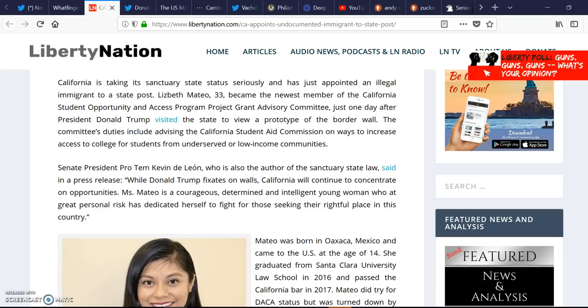So California declared sanctuary state status, and there's pushback, okay? There's a bunch of cities and counties now that are saying, I don't want to be part of that. So they're challenging states' rights at the local level when the state challenged the feds. So it's just this bad whatever. Anyway, California just appointed an illegal immigrant to a state post.